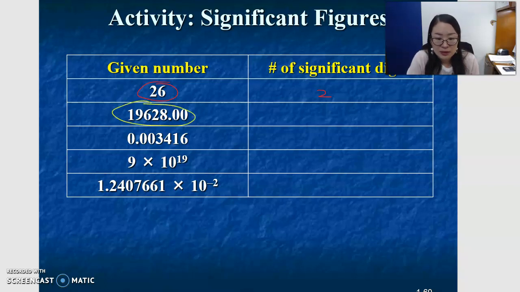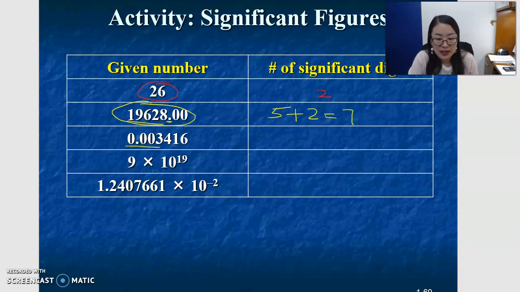And this is trailing zero. Trailing zero counts or not, it depends on, do you have a decimal point? If you do have a decimal point, then count. If it doesn't have a decimal point, then it doesn't count. So we have 5, and then these 2 count because I have a decimal point, which is 7 sig figs.